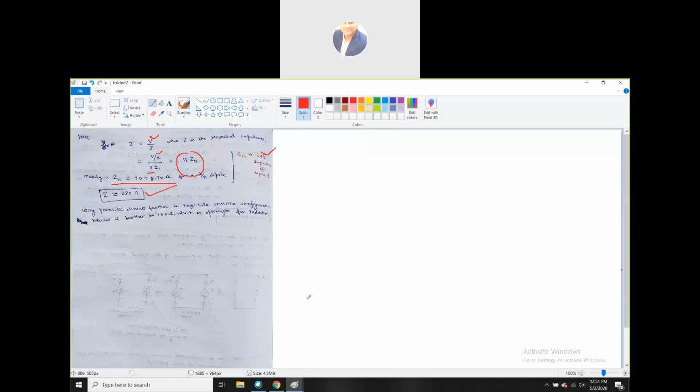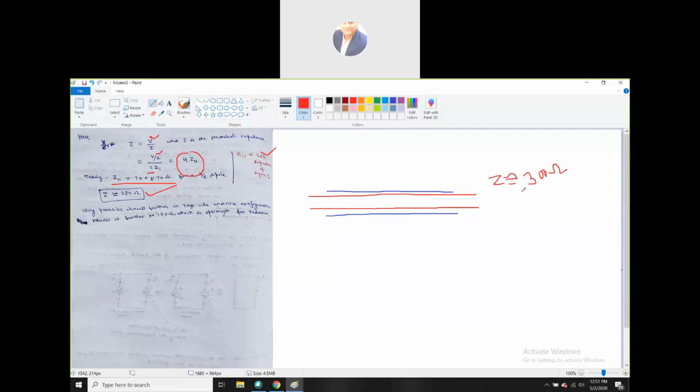So what I mean to say is, suppose I have a cable, a twisted cable with 2 wires here. Suppose this has a characteristic impedance of 300 ohm, or near about 300 ohm, whatever you used to say.